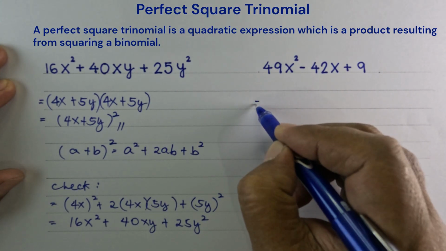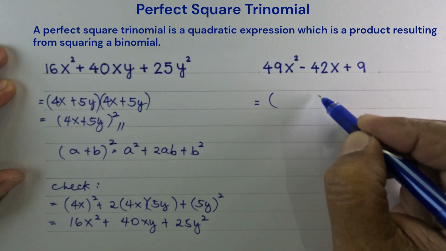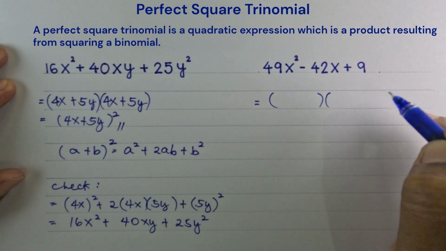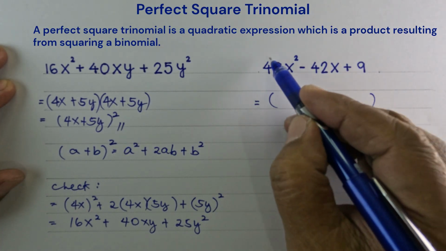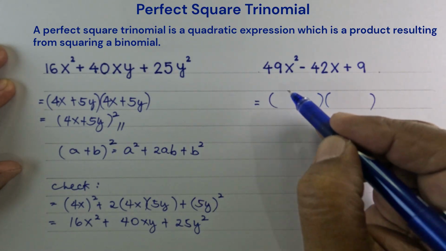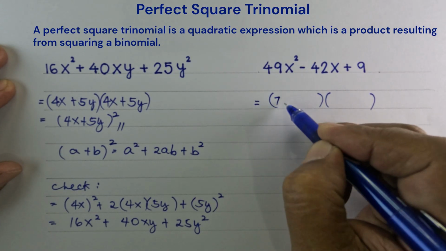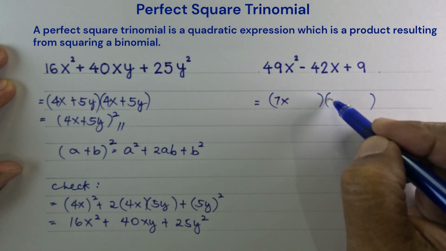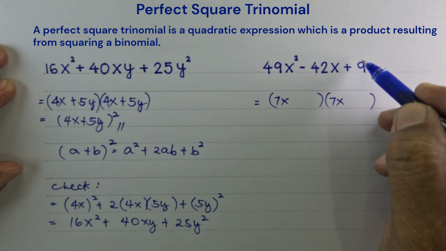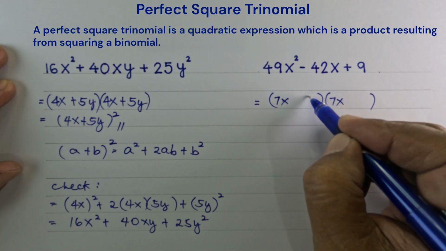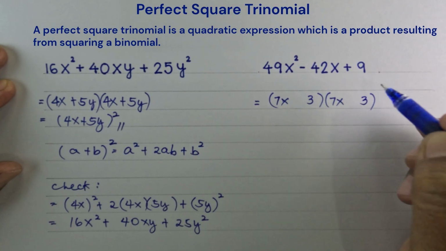Now, let's factor this. The square root of 49x squared is 7x, so 7x here. The square root of 9 is 3, so a 3 and a 3 here.